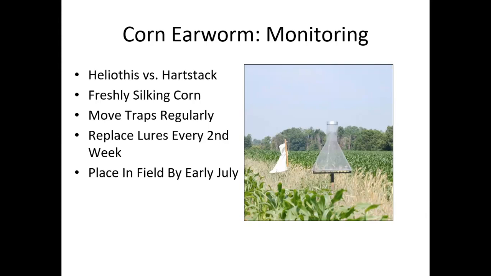The one in the back is called a heart stack trap, and that is more commonly used, and they are available for purchase commercially. They're a lot easier to store, and they have a similar concept as far as the design goes. For some reason, they're just not quite as effective.